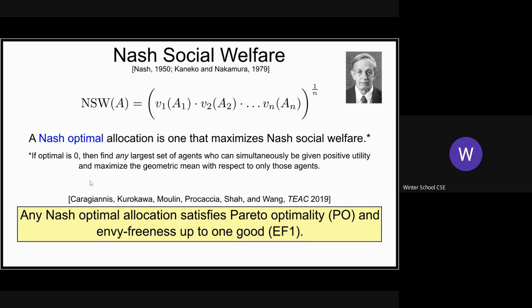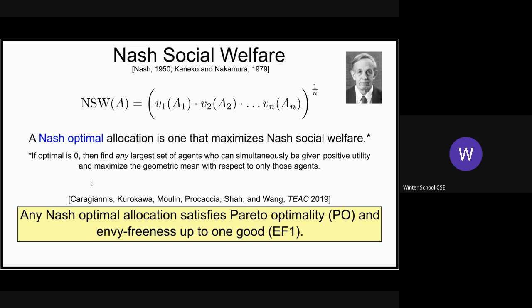Because if A is not Pareto optimal, think of an allocation B that Pareto improves it, then every term is at least as large and someone is strictly larger. So you would get more than the optimal geometric mean. That's not possible. Not so obvious why this is EF1, but you can show it with a 10-minute proof. I'll be happy to do it later on, but maybe not now. For now, just take it on faith from me that Nash optimal allocations have both of these nice properties.